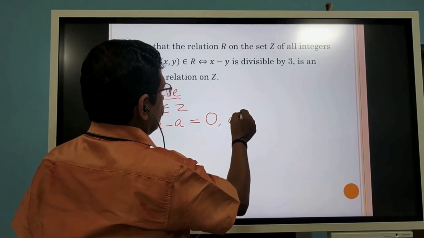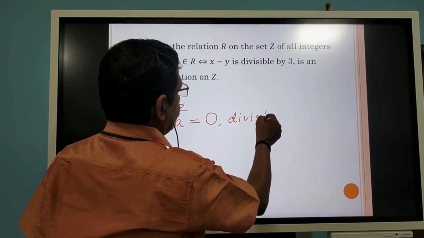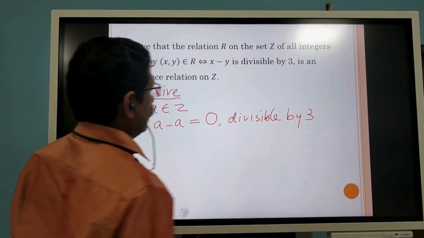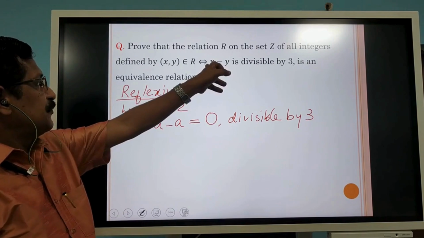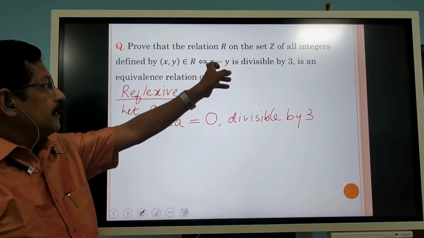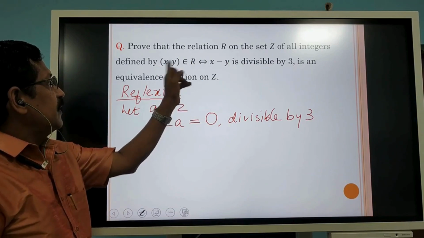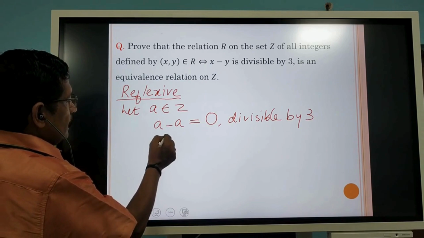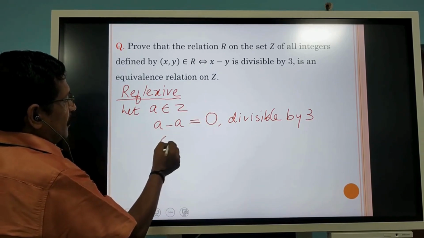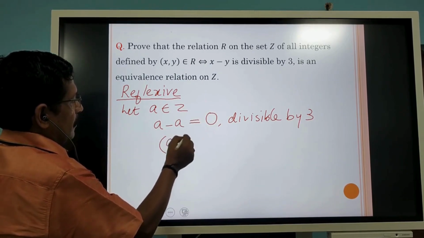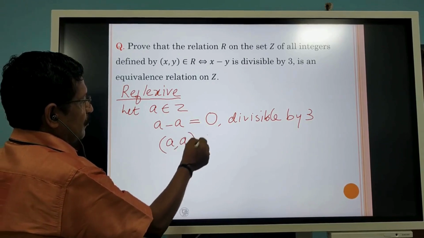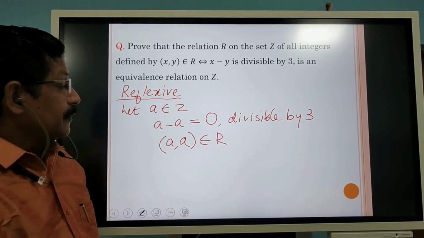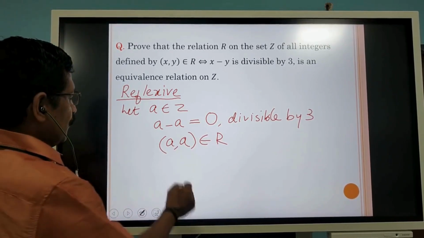Now, as per the definition of the relation, x minus y is divisible by 3 means (x, y) element of R. So, a minus a equal to 0 implies (a, a) element of R. So, the relation R is reflexive.